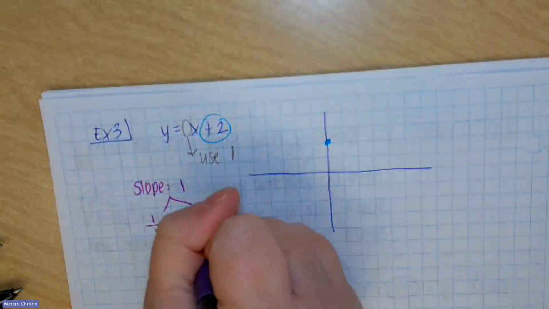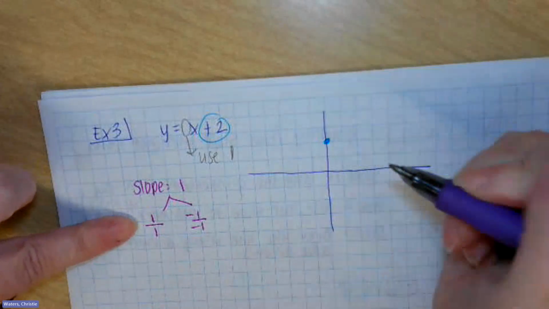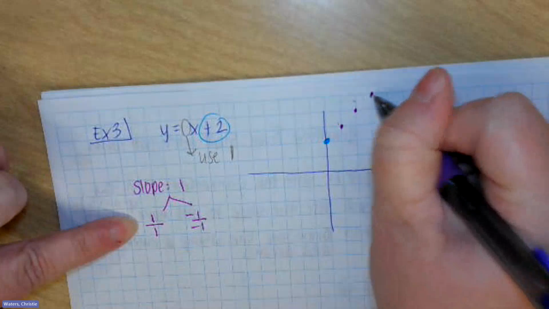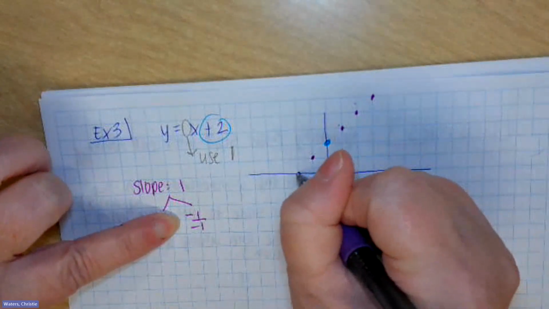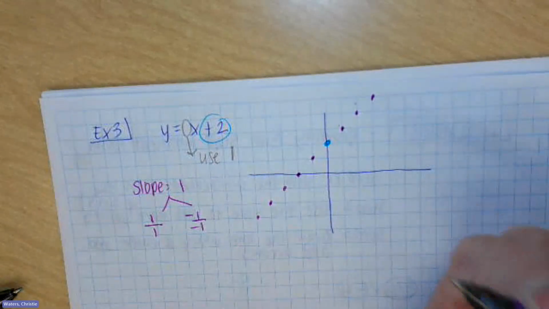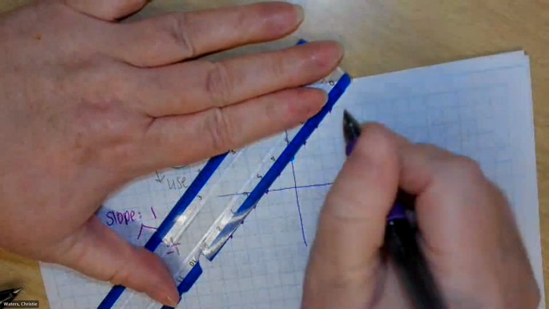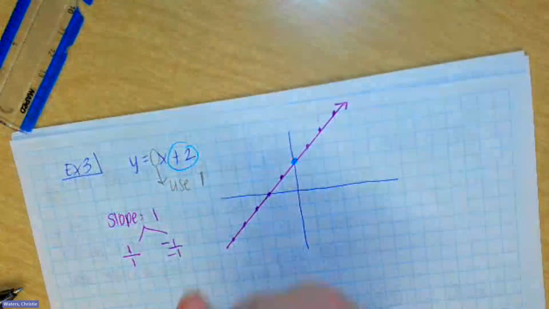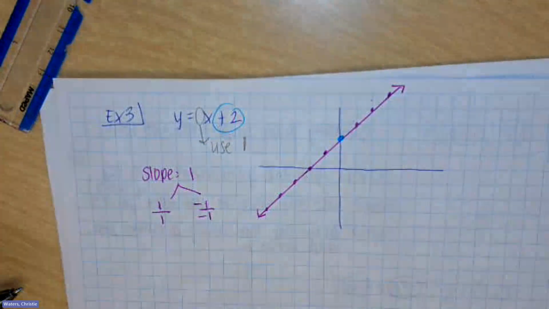And my second slope will be -1 over -1. So from my y-intercept, I can use this positive slope, go up 1 over 1, up 1, right 1. But I can also use this other slope and go down 1, left 1. And I'm just continuing that pattern until I run out of room. Now these lines can go on forever and ever, so that is why we put arrows on them. Just because I ran out of room does not mean the line doesn't exist anymore.